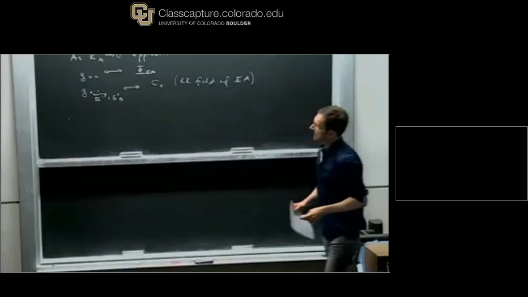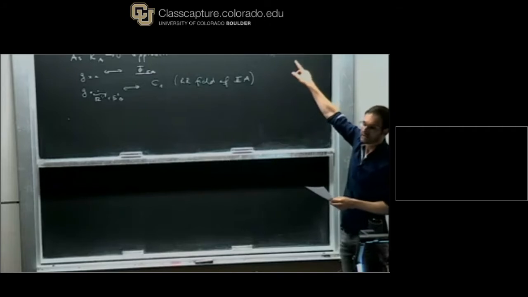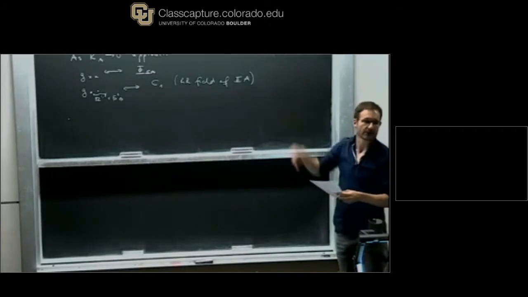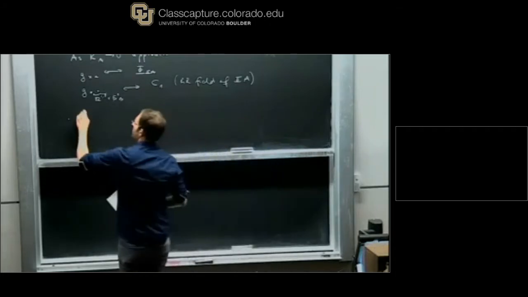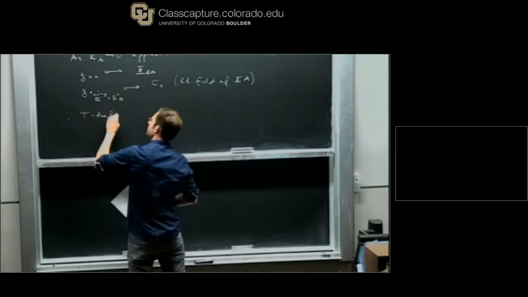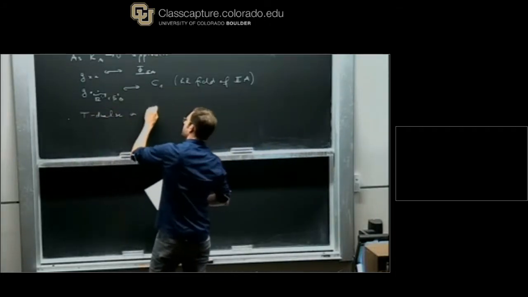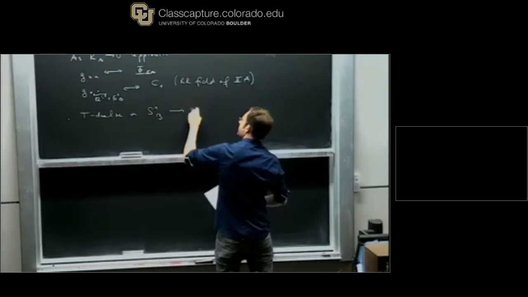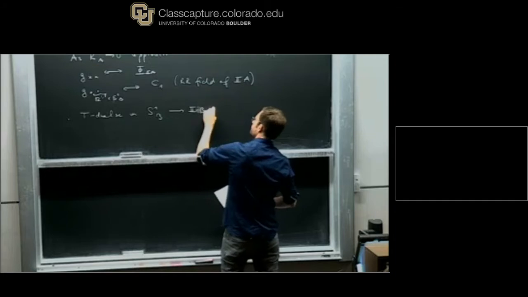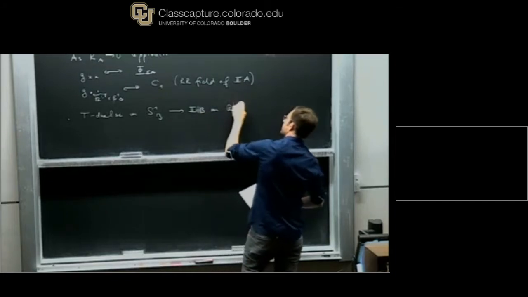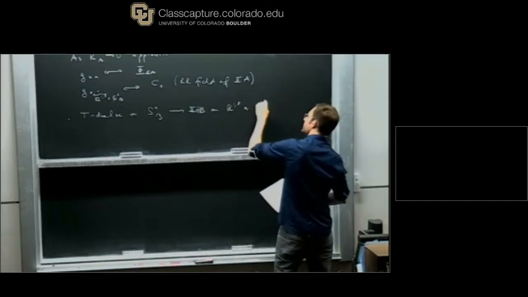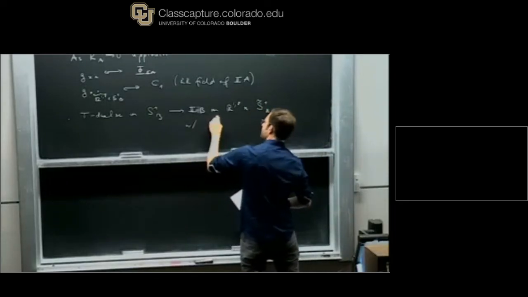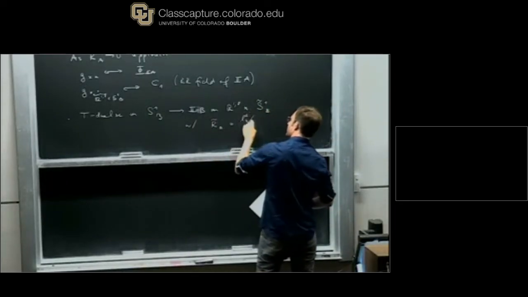And then the second standard step is to now perform a T-duality along S^1_B to go from type IIA to type IIB. So we T-dualize on S^1_B. So we get type IIB string theory on R^8 times the dual circle with dual radius R_B tilde equals L_s squared over R_B.